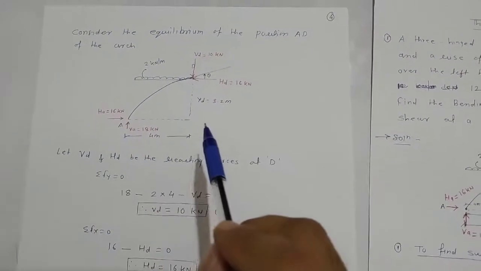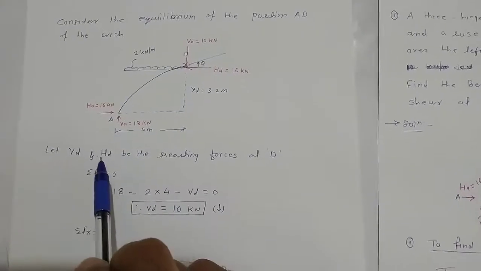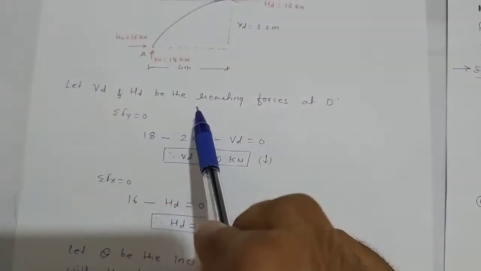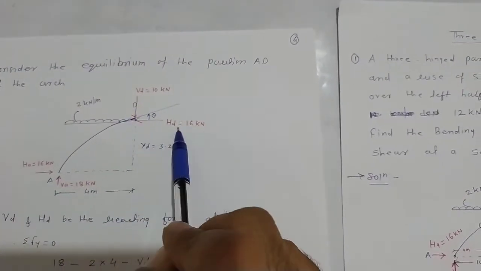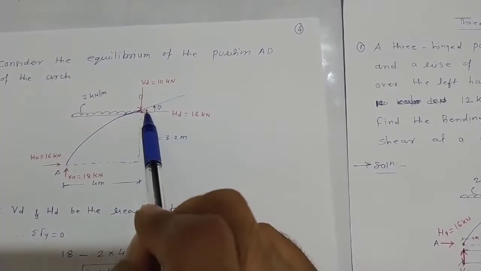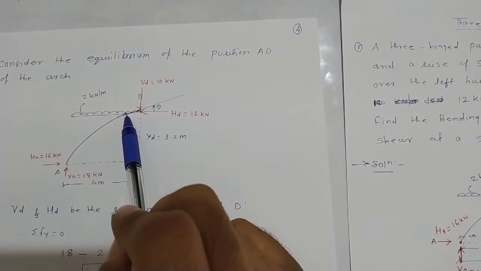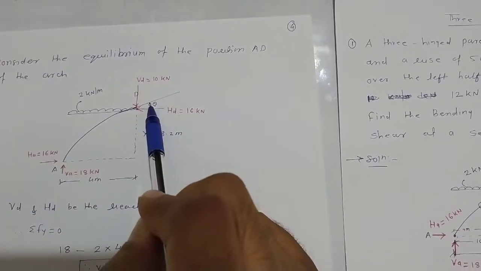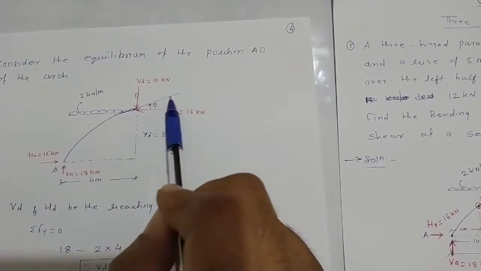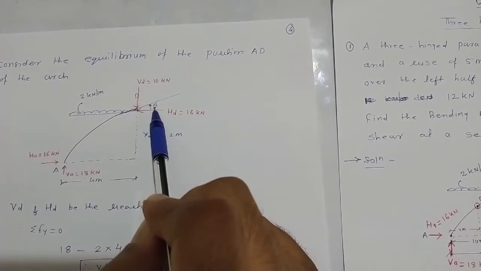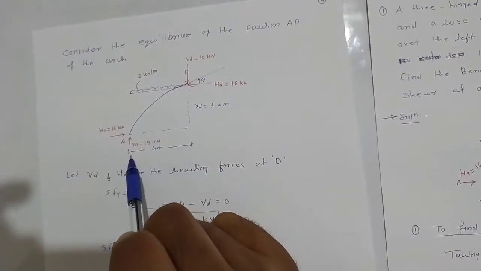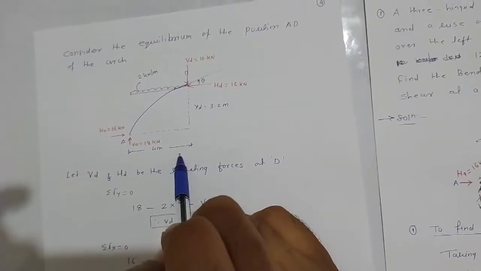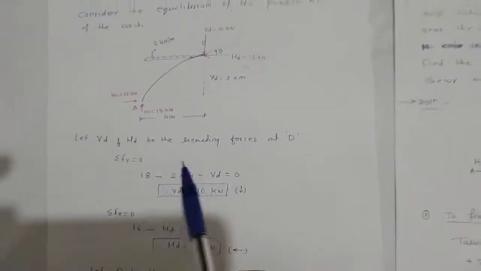Now let VD and HD be the reacting forces at D. This one is VD and HD, the reacting forces at point D, and I draw a tangent line with inclination of tangent theta, and the UDL over a span of 4 meter. Now calculate the reacting forces SD and VD.